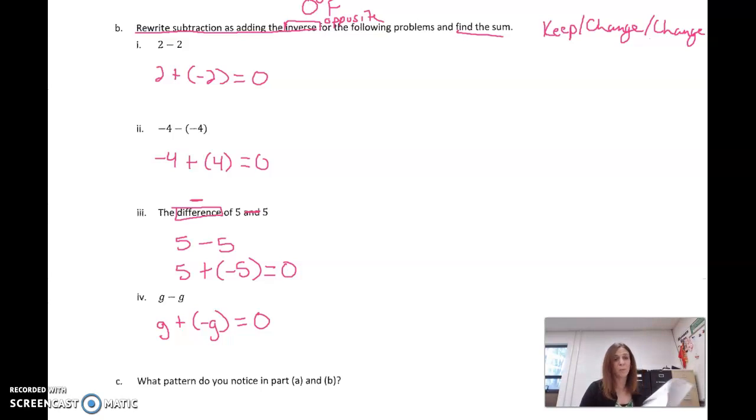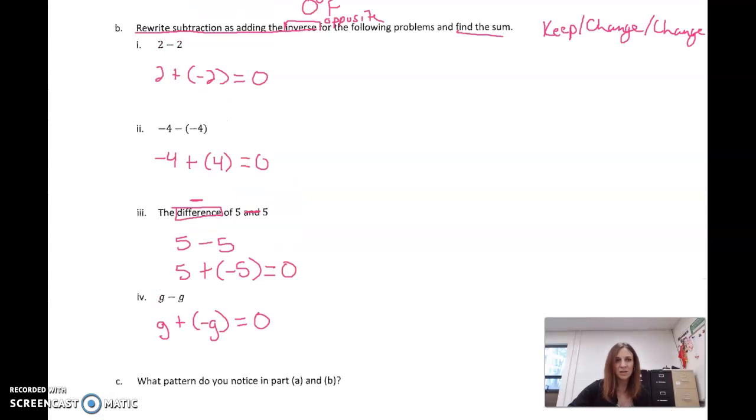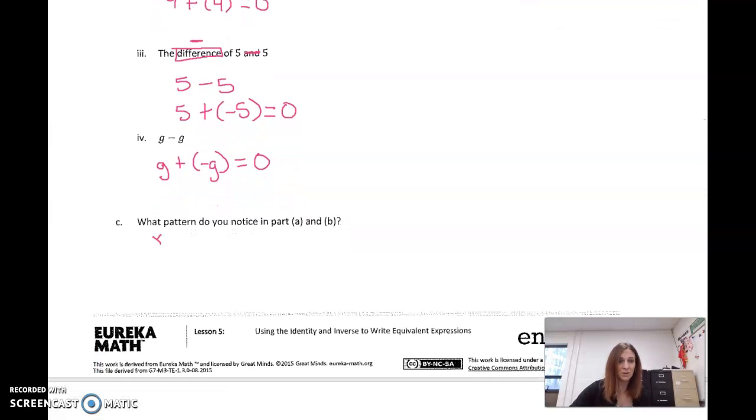So what pattern do we notice in all of this? Well, in all of these, we changed them all to addition, because I made them that way, right? What else did I notice? We used opposites, right? This is what we call additive inverses. What are additive inverses known as?